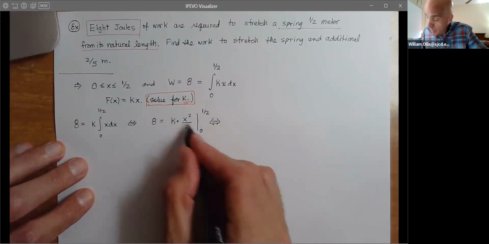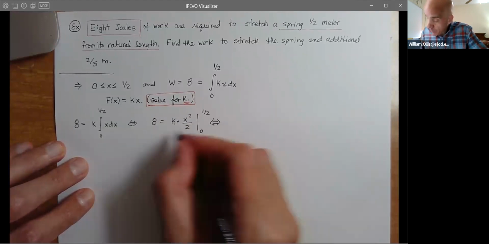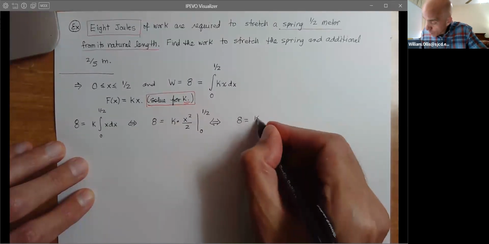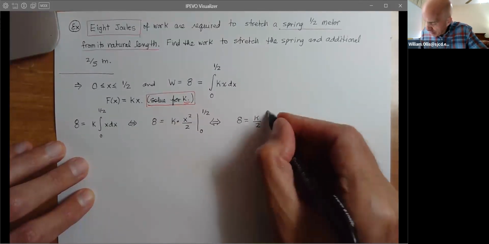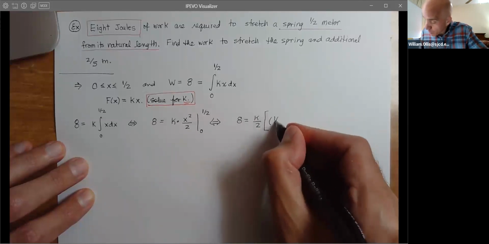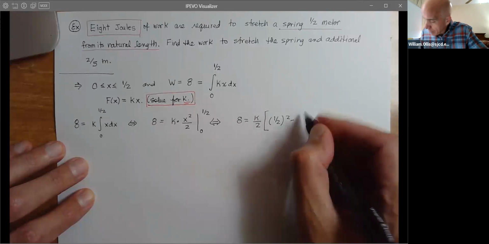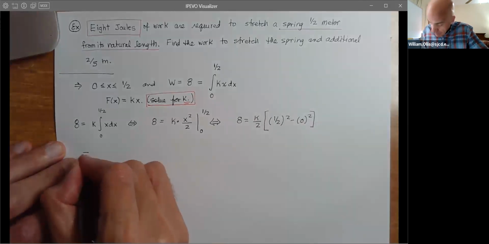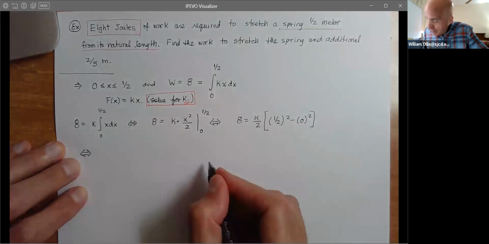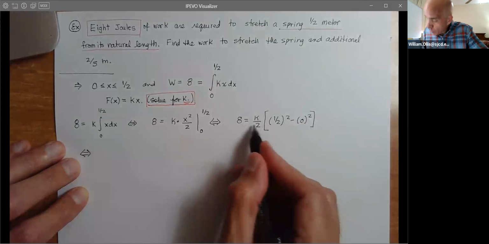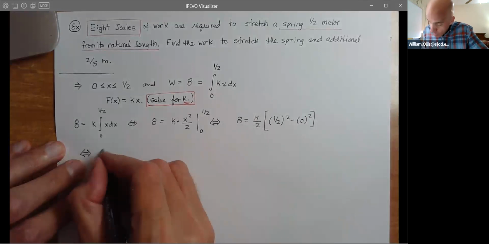So now, when we look at this, we've got 8 equals K over 2, and we just substitute. So we have 1/2 squared minus 0 squared. So now, we could cross multiply if you want, but I guess we'll just leave it alone.